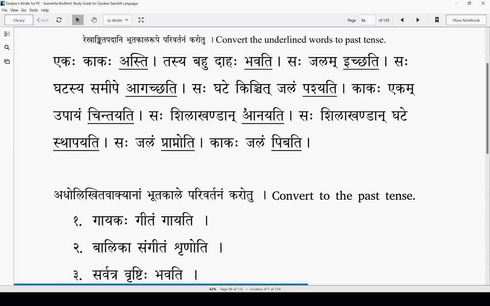So सः घटस्य समीपे आगतवान्. Then सः घटे किञ्चित् जलं पश्यति. सः घटे किञ्चित् जलं दृष्टवान्. Then काकः एकम् उपायं चिन्तयति. So काकः एकम् उपायं चिन्तवान्.